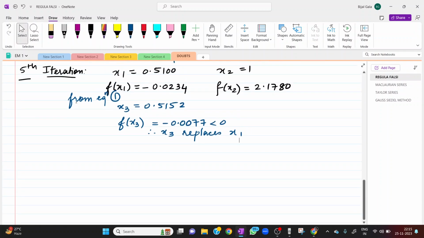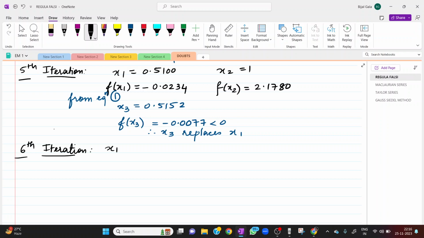Now I think it's a sixth iteration. So x1 is 0.5100. F of x1, okay, not 5152. Negative 0.0077. X2 remains 1 and f of x2 remains 2.1780.